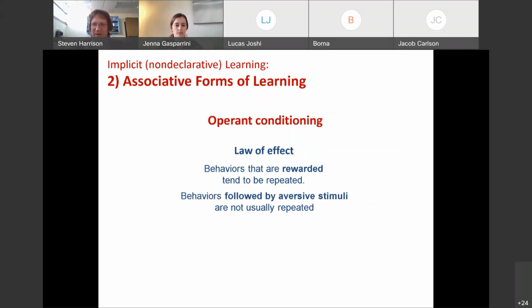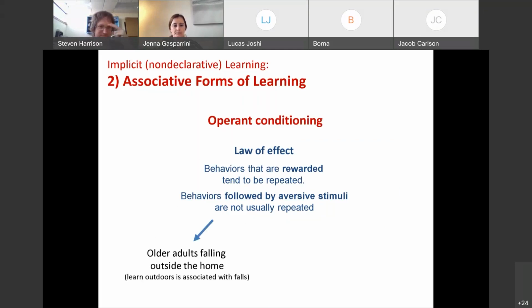There are mechanisms built into our nervous system that make these pretty good rules of thumb for understanding what it means to learn something. Okay, so behaviors followed by an aversive stimulus are not usually repeated.